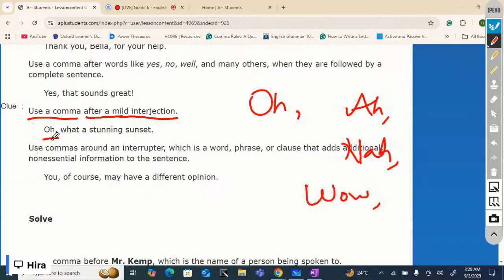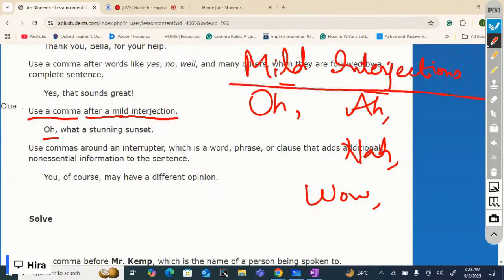These are mild interjections. Oh, what a stunning set. So this is an interjection. So use a comma after these mild interjections.